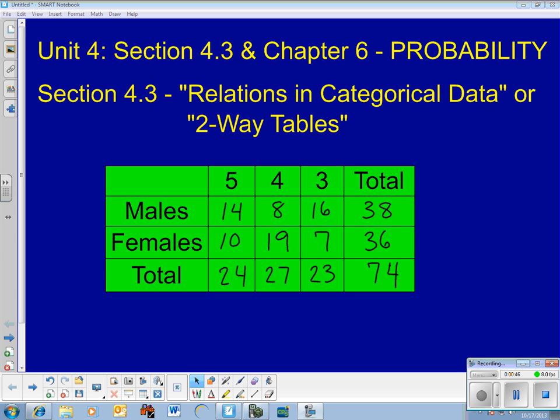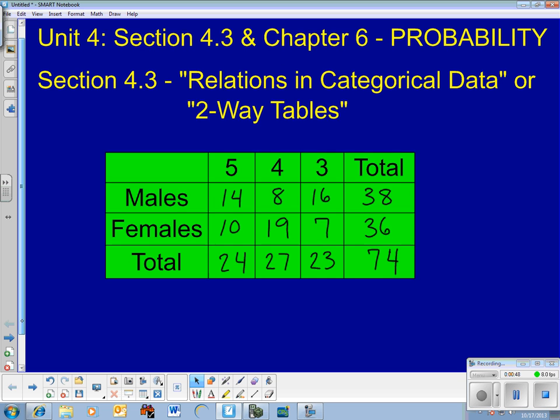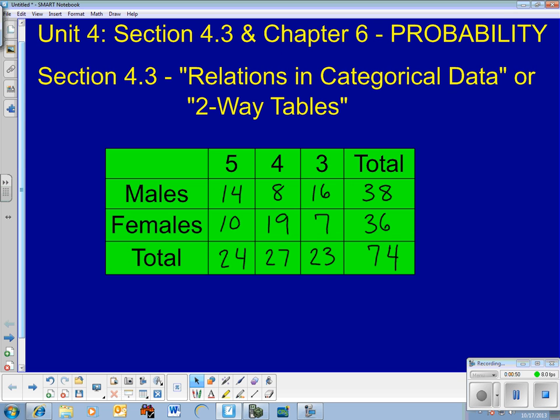And this is me looking into the future and seeing our AP exam scores from the spring. And one thing that might be jumping out at you is why, if it's a categorical variable, why is there a 5, a 4, and a 3 up there? Sometimes we sort of number our categorical variables.